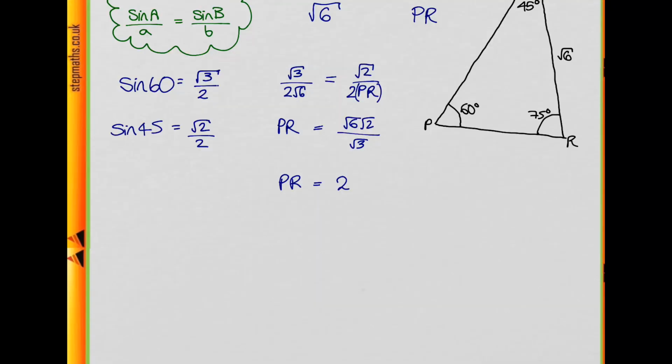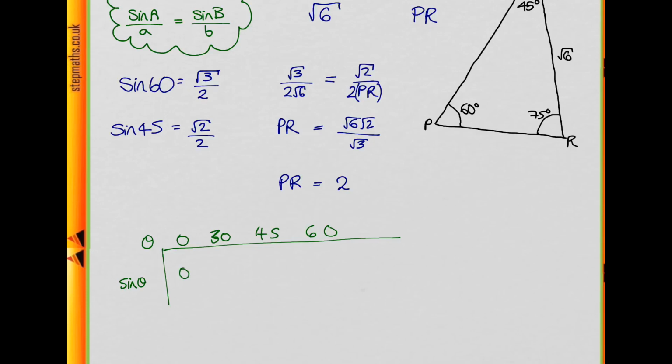If you're struggling to remember what the sine of different angles are, you can draw out something which looks like this. So we're going to have theta is equal to 0, 30, 45, 60, and then we're going to have sine theta.